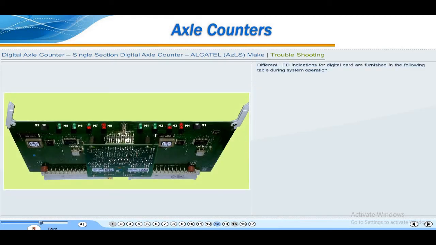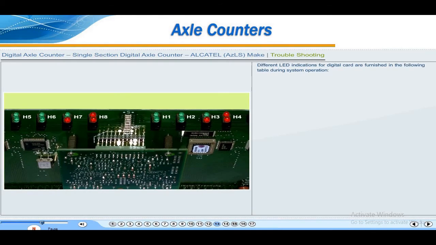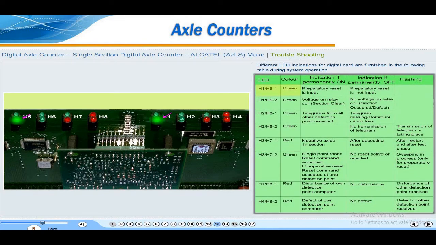Different LED indications for digital card are furnished in the following table during system operation. H1/H5 1 green LED remains permanently lit when preparatory reset input is provided. Otherwise, it remains off when preparatory reset input is not provided.